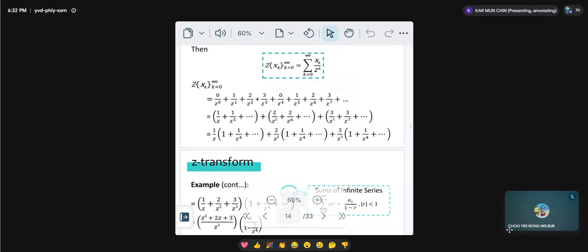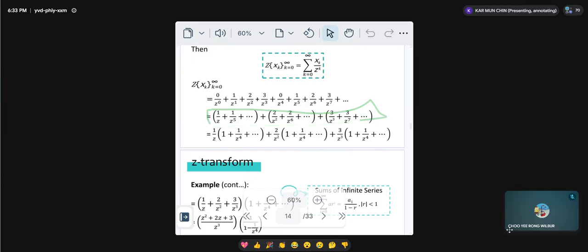Okay, so you can group them: 1 over z, and 1 over z to the power of 5, and so on. 2 over z squared, 2 over z to the power of 6, 3 over z cubed, 3 over z to the power of 7, and so on.